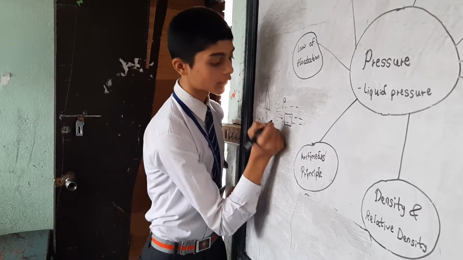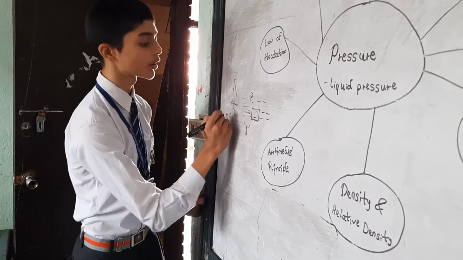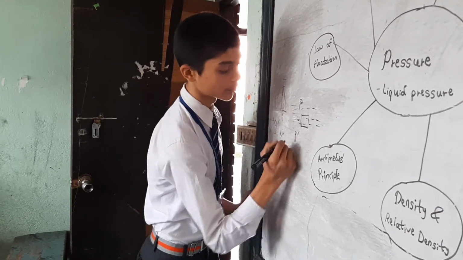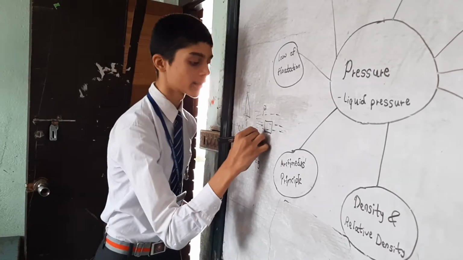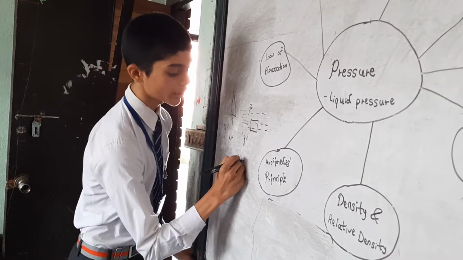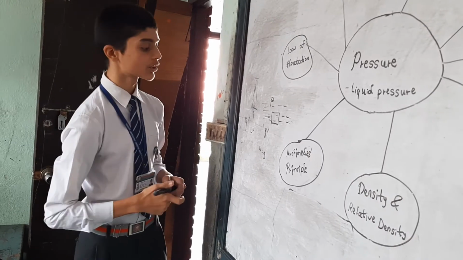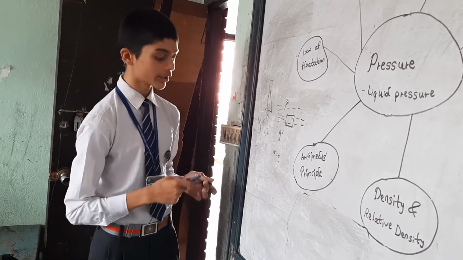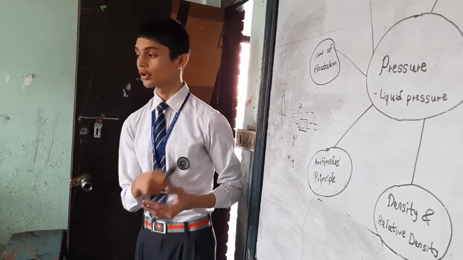At sea level, the value of acceleration due to gravity, small g, is less in comparison to the value at higher places. Weight is directly proportional to acceleration due to gravity, and hence we feel less weight in water than in air. Because the value of acceleration due to gravity doesn't remain constant and differs from place to place, it is easier to lift our limbs in water than in the air.